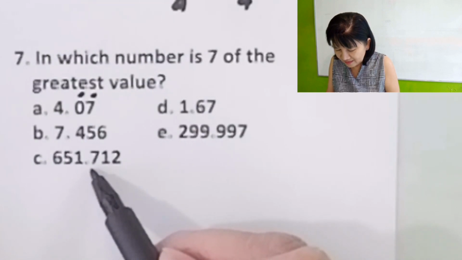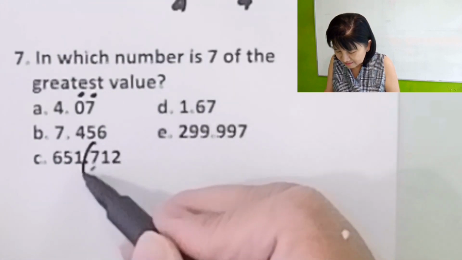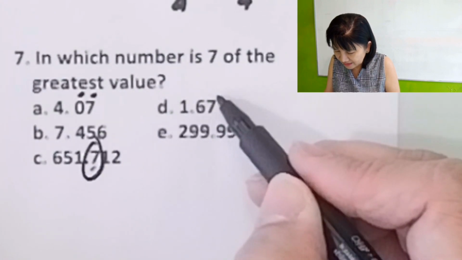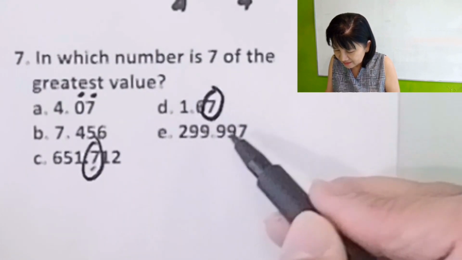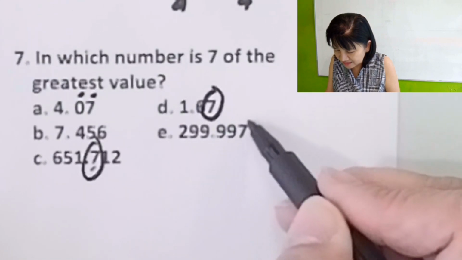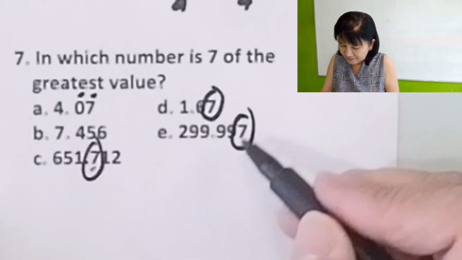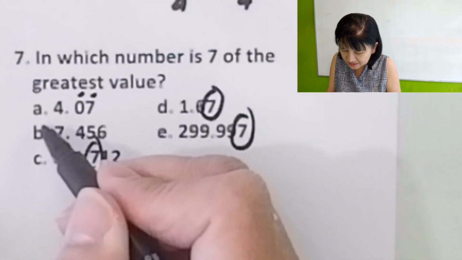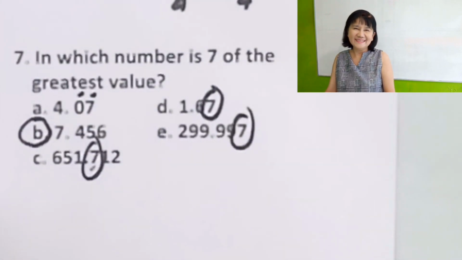This is 7 tenths. This is tenths, hundredths, so 7 hundredths again. This is tenths, hundredths, thousandths. So, which one is of the greatest value? Of course, the answer is letter B.